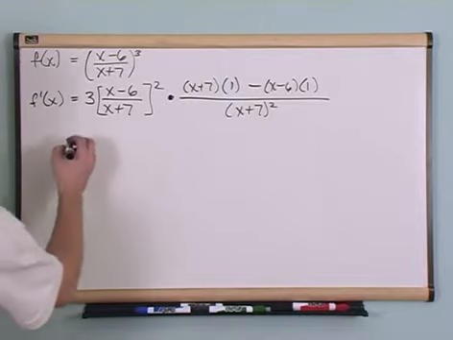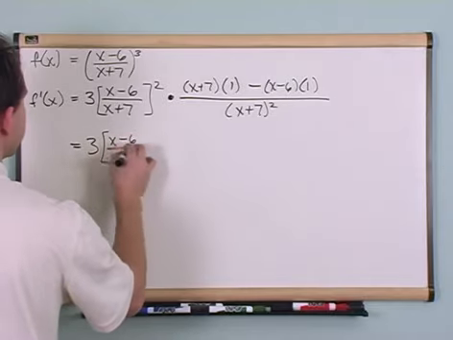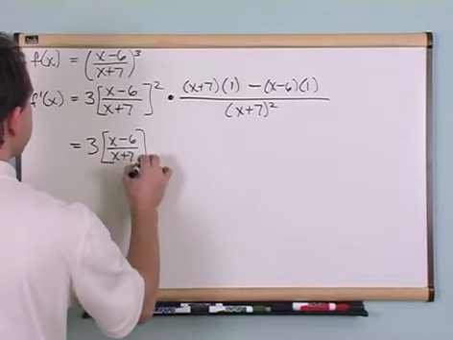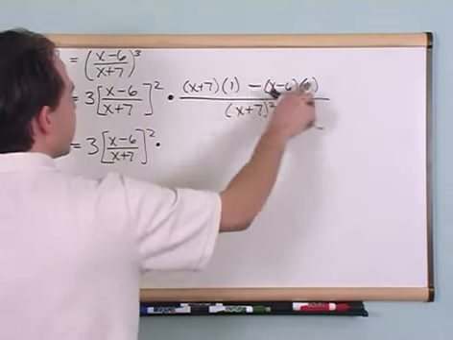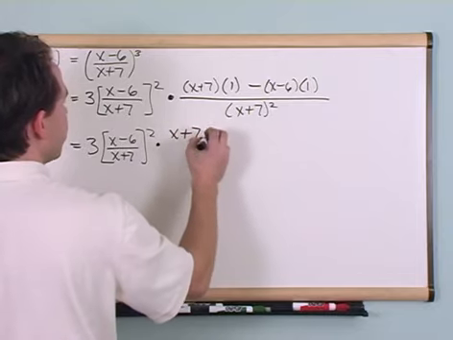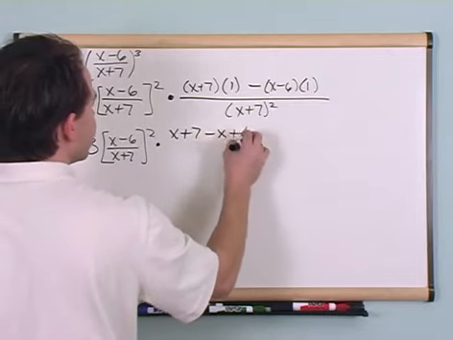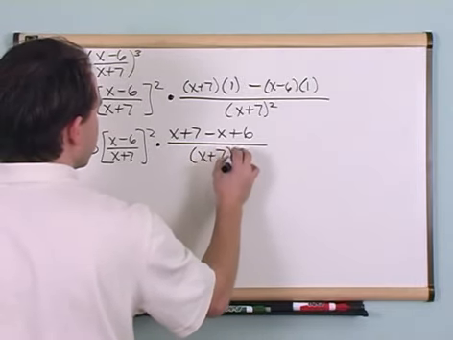So, in order to simplify this more, let's just write it explicitly. (x minus 6) over (x plus 7). I've done nothing here but rewrite it. And then over here, let's go ahead and expand all this stuff out. On the top, you'll have x plus 7 minus x plus 6, over (x plus 7) squared.